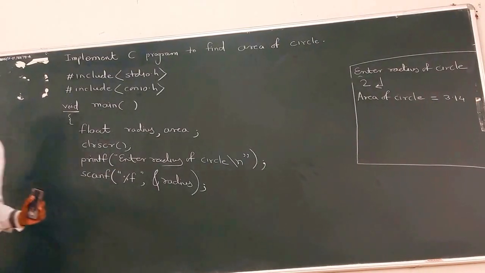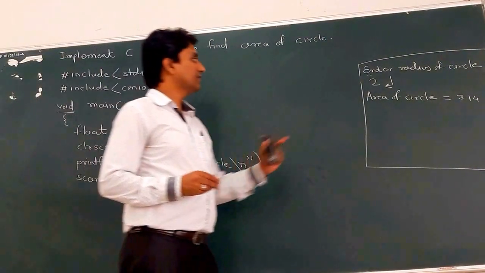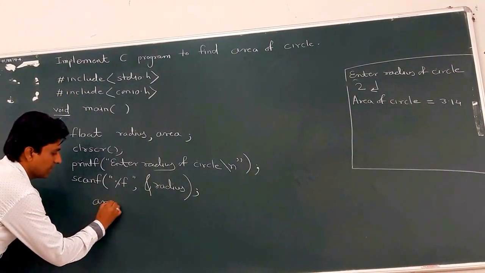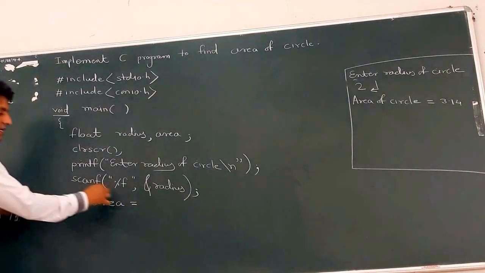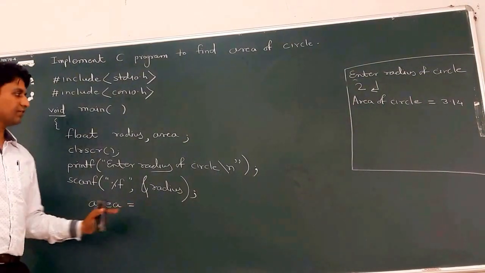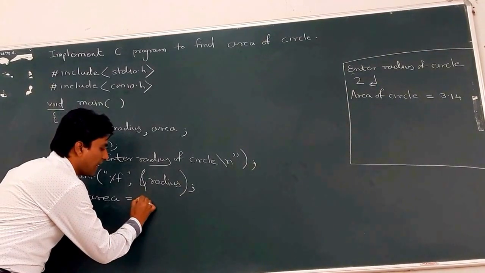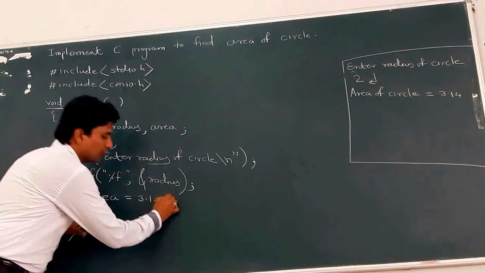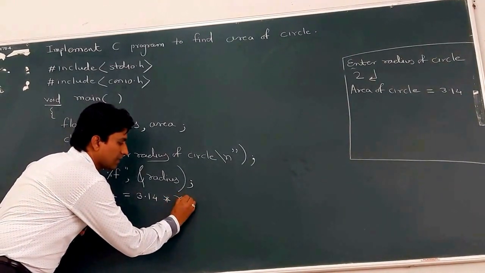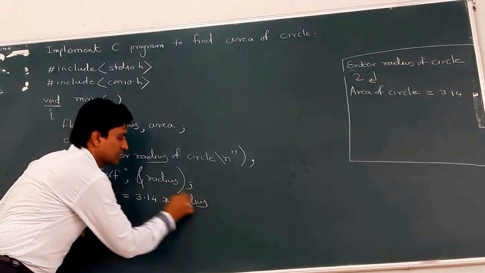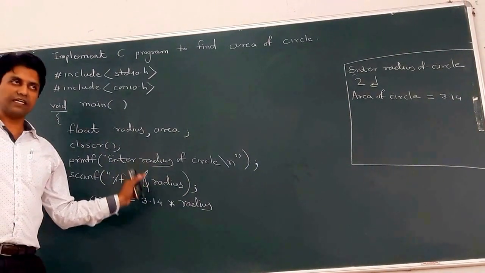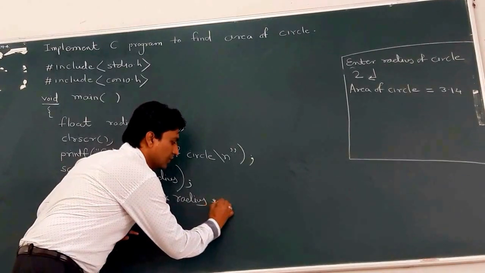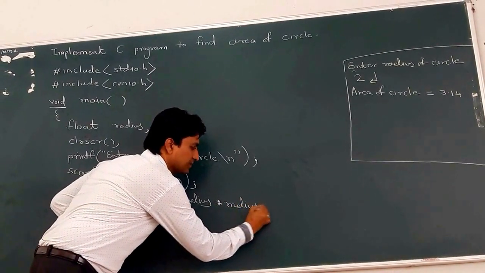Clear? After that, calculate the area of the circle. We want to store the area into the area variable. So area is equal to what? Pi, that means 3.14, into r, or radius. What is the name of the variable? The name of the variable is radius. So 3.14 into radius into radius.